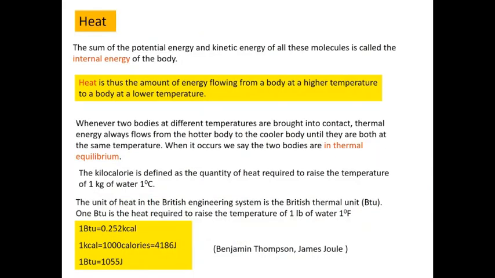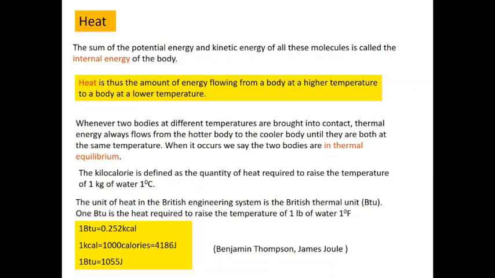Let's talk about heat. What is the definition of heat? The sum of the potential energy and kinetic energy of all these molecules is called the internal energy of the body. Atoms or molecules have not only kinetic energy but potential energy also, because they interact with each other. That's why it has internal energy, which is the sum of potential and kinetic energies of all molecules or atoms. What is heat then?